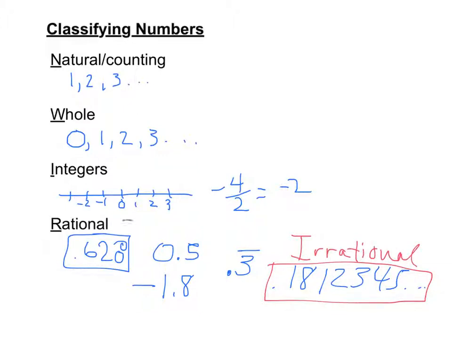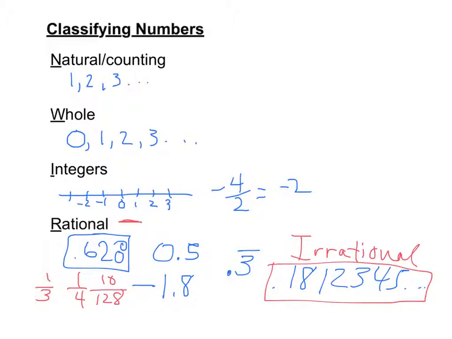So rational ones are numbers that I can write as a decimal, or I can write as a fraction. Anything I can write as a fraction is rational, no matter how crazy it looks. So that's natural counting, whole, integers, and rational.